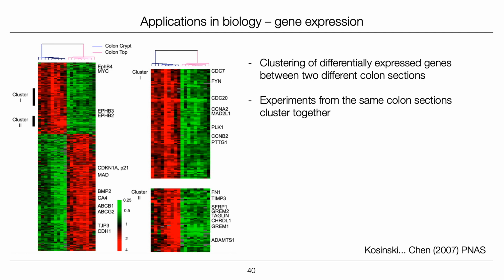As you can see, experiments from the same colon section cluster tightly together, showing distinct gene expression patterns between the 2 sections. When we zoom in to 2 clusters of the genes, we can see example genes known to be important for colon function.